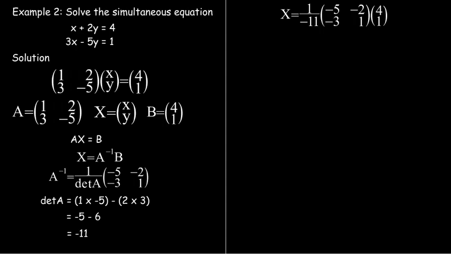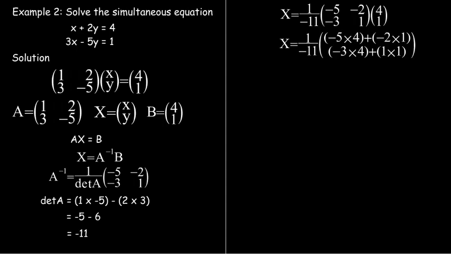Now multiplying both matrices, X will be equal to 1 divided by -11 times matrix [(-5 times 4) + (-2 times 1); (-3 times 4) + (1 times 1)]. So X will be equal to 1 divided by -11 times matrix [-22 -11], and multiplying, X will be equal to matrix [2 1].